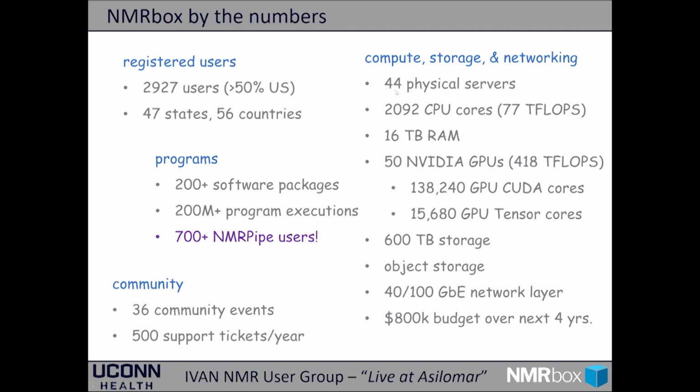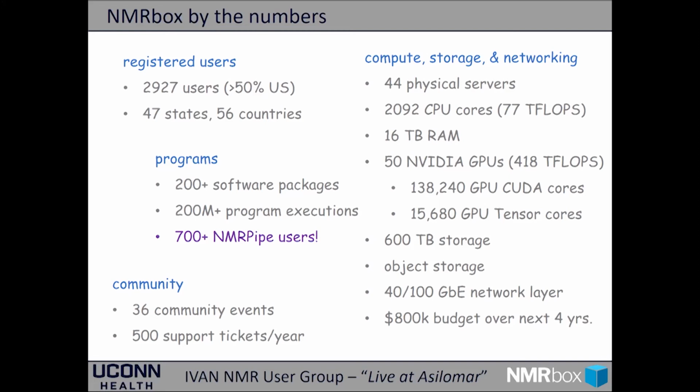We'll have 44 physical servers with over 2,000 cores, 16 terabytes of RAM, and a lot of GPUs on every host. We have 600 terabytes of storage and university object storage. We have a 100 gig network pipe to the internet with a 40 gig network fiber. And over the next 4 years, we have a hardware budget of about $800,000.